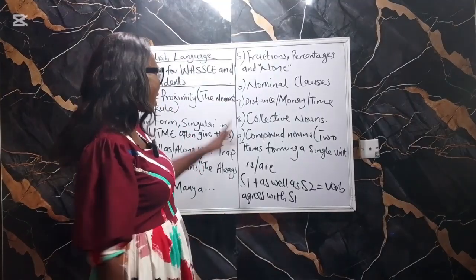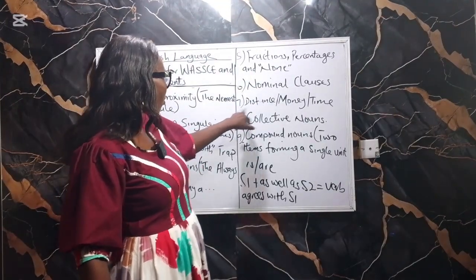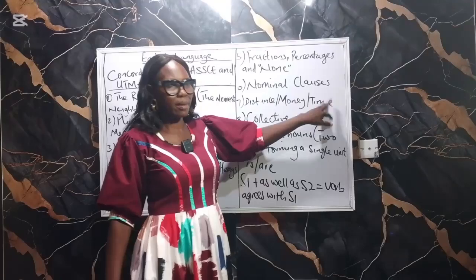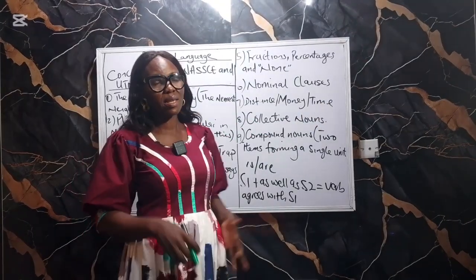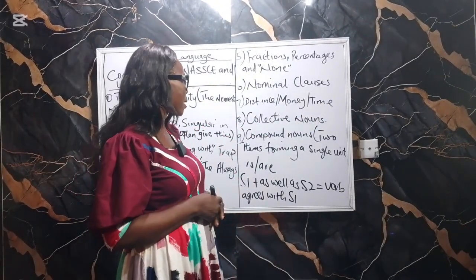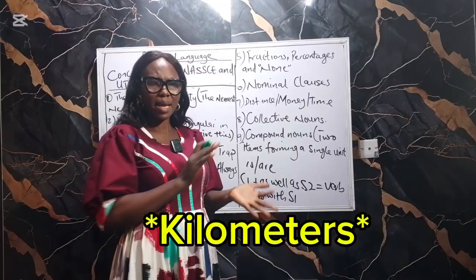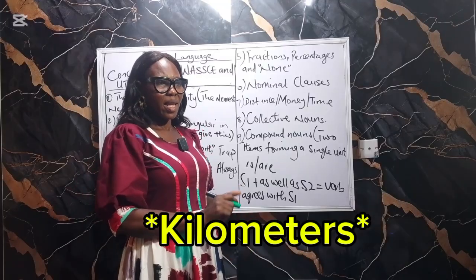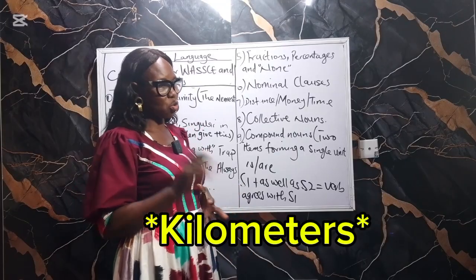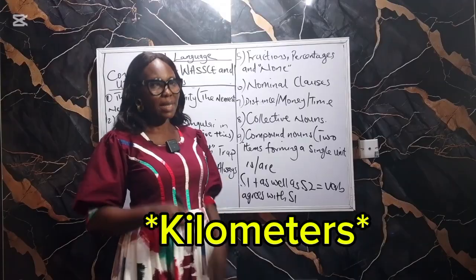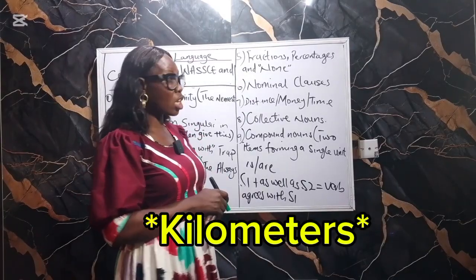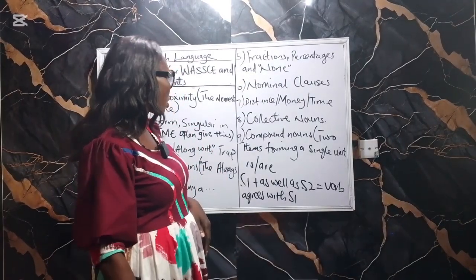Okay, so let's take the next one. Distance, money and time, they usually take a singular verb. For example, 10 kilometers is a long distance to walk.